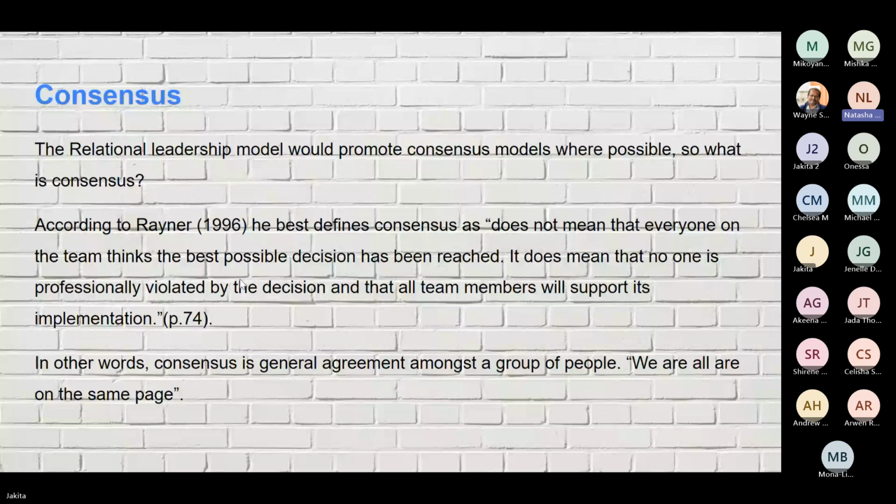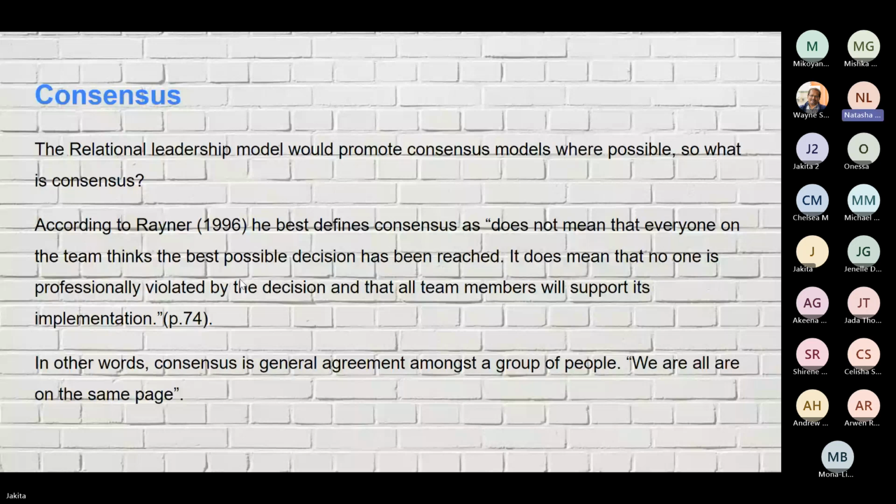It does mean that no one is professionally violated by the decision and that all team members will support its implementation. And in broad terms, consensus is general agreement amongst a group of people. We are all on the same page. You have heard that before.